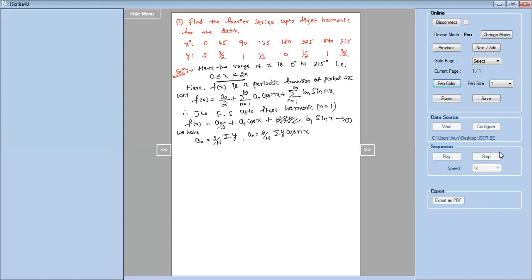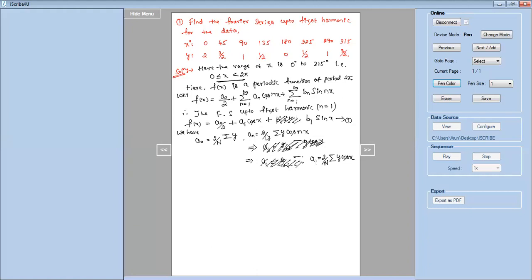Here I want a1, so if I put n is equal to 1, a1 is equal to 2 by capital N into summation y cos x.